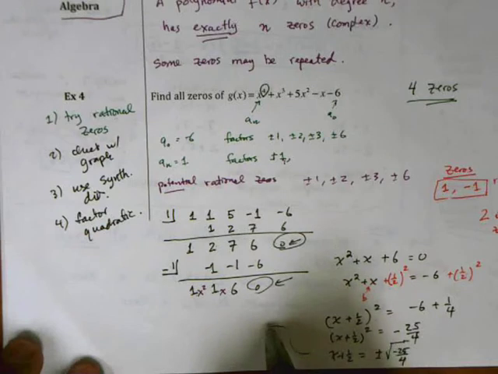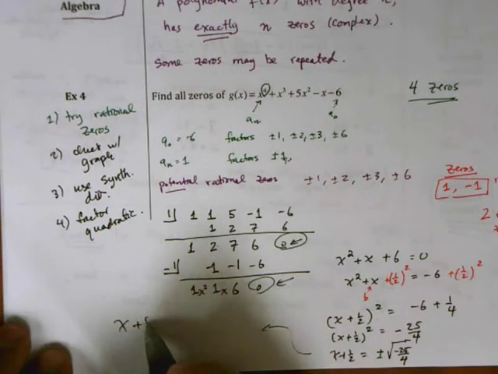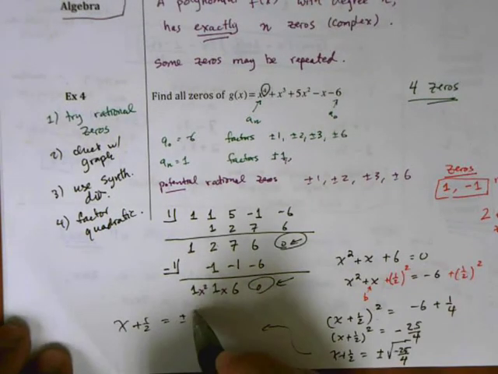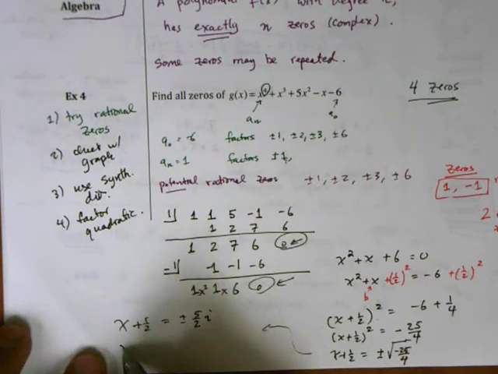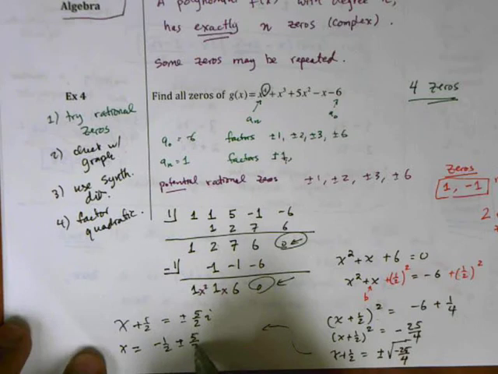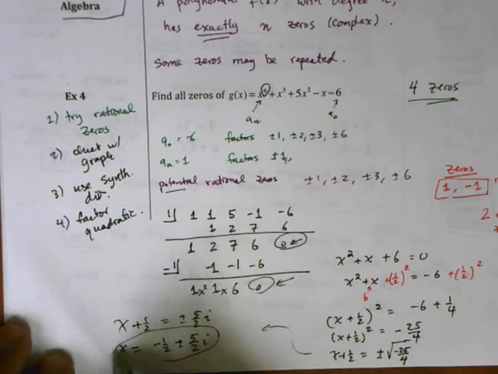Let me finish it over here. And then subtract 1/2 from the other side. So x equals negative 1/2 plus or minus 5 over 2i.